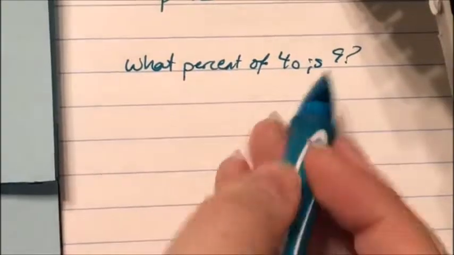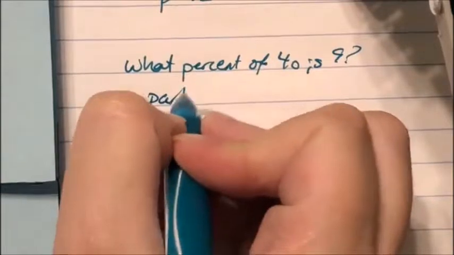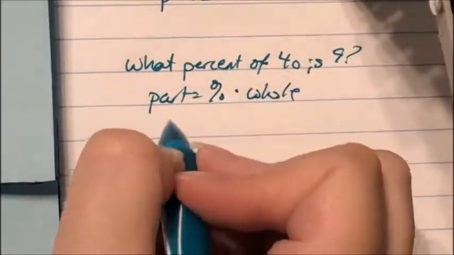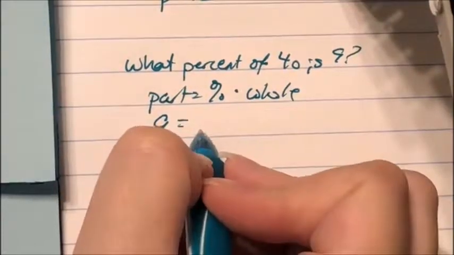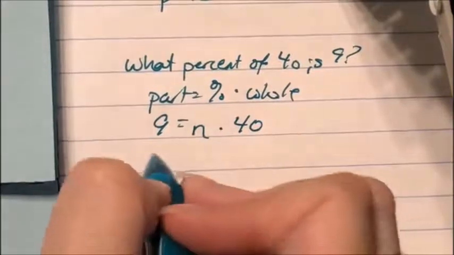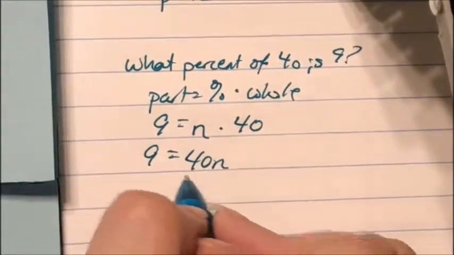I have is, that's my part. So remember, part equals percent times whole. So I have 9 equals my percent times my whole value, which is 40. So I have 9 equals 40N.